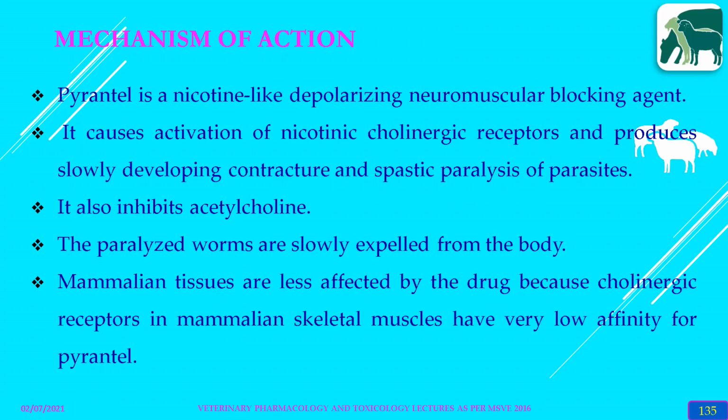Whereas the mammalian tissues are less affected by the drug, because the cholinergic receptors in mammalian skeletal muscles have very low affinity for PYRANTEL. So that's why it is not toxic to the host, whereas it is toxic to the parasites only.